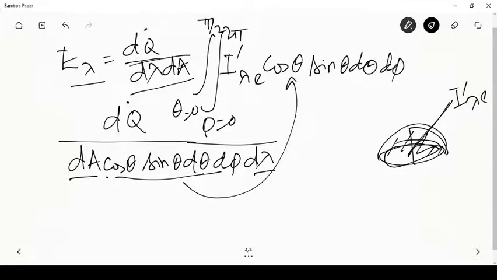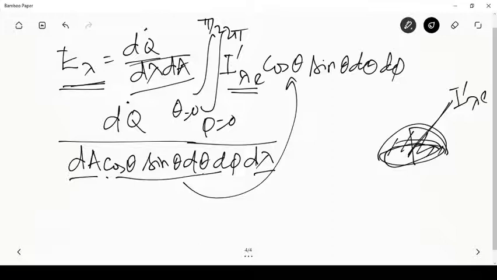So I'll need to integrate this whole thing on this side. So the spectral emissive power is related to your radiation intensity by this relationship. E lambda is equal to the integral of I prime lambda E into cos theta sine theta d theta d phi.